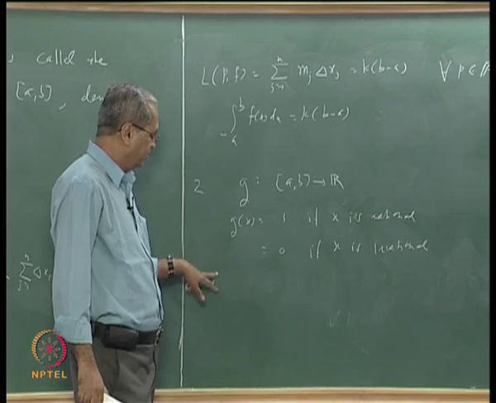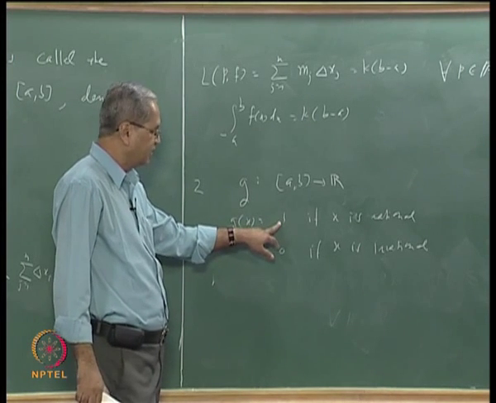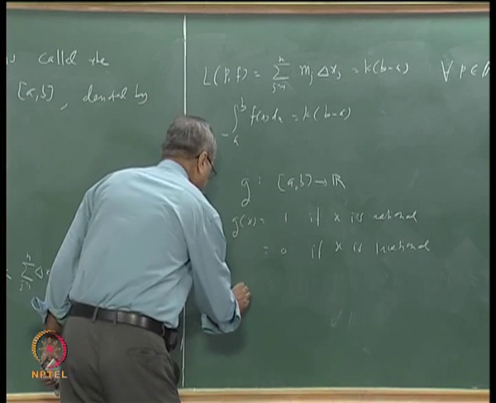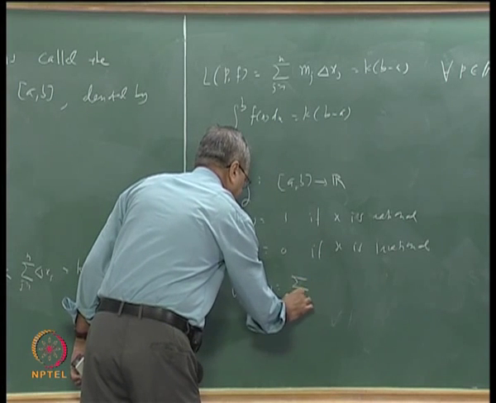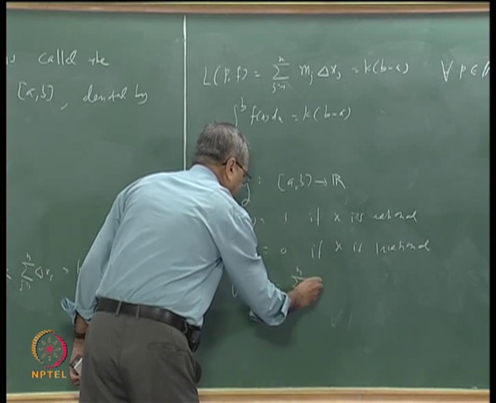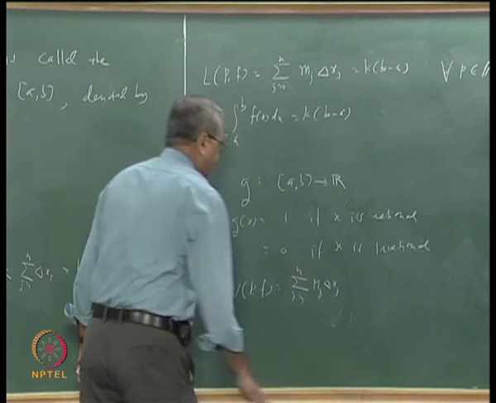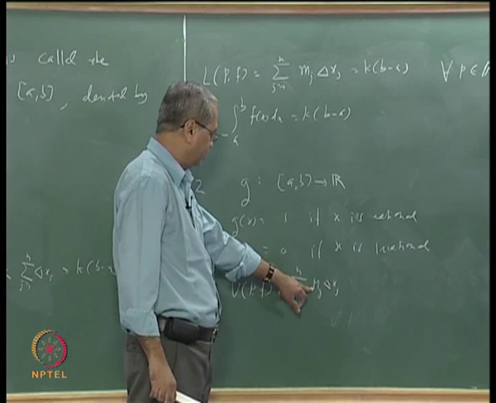So the minimum over each subinterval will be 0 and the maximum over each subinterval will be 1. If you look at the upper sums, U(P, g), the sum over j going from 1 to n of big M_j into delta x_j, this big M_j is 1 for each j because that is the maximum over the jth subinterval.